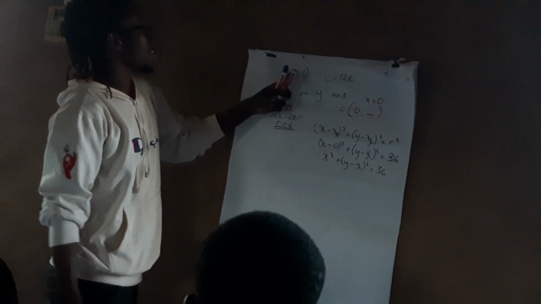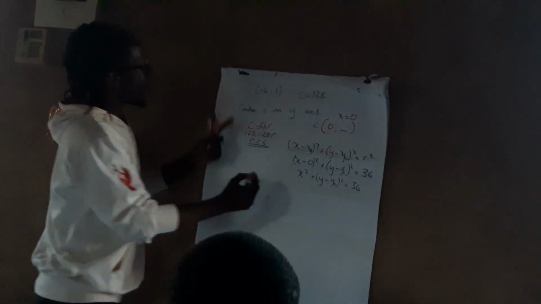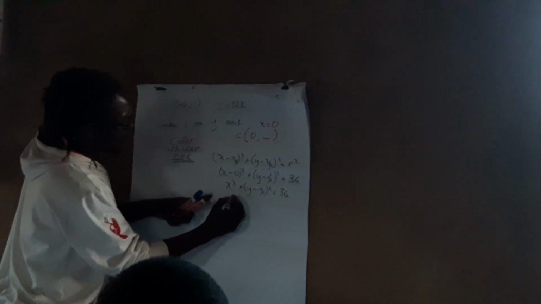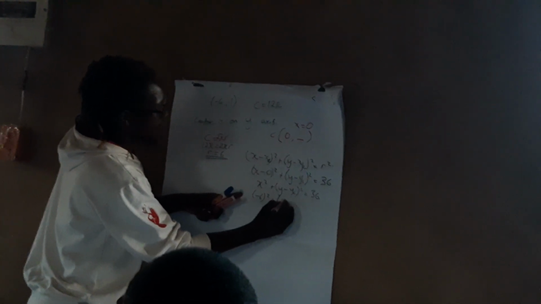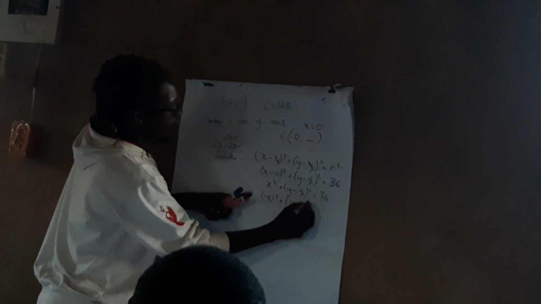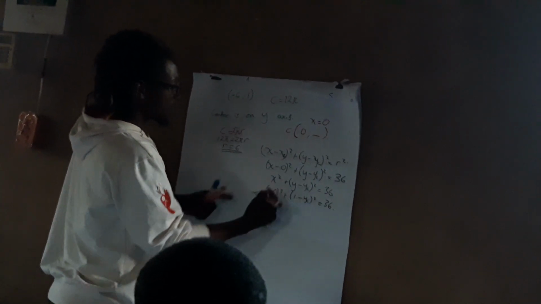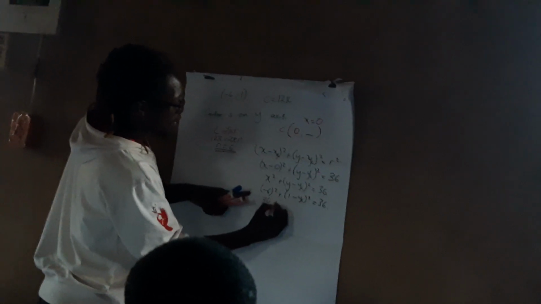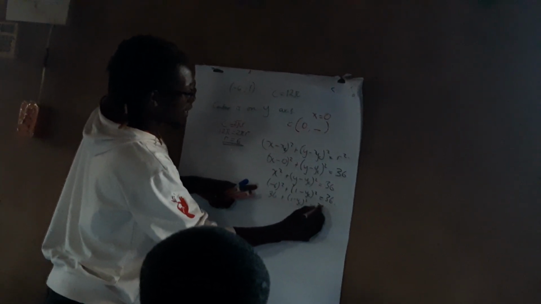So we can substitute these points that the circle is passing through. Can you see that? So our x is -6. So -6 squared plus y is 1 minus yc squared is equals to 36, right? So this will give us 36 plus 1 minus yc squared is equals to 36.